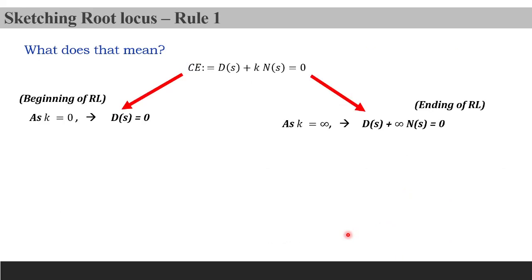All right, so what does that mean? In one other perspective, let's see. That simply means, which I told you, that as k equals 0, of course, when the denominator gets 0, we are at the location of poles. Likewise, when we have k equals infinite, it's the end of the root locus.